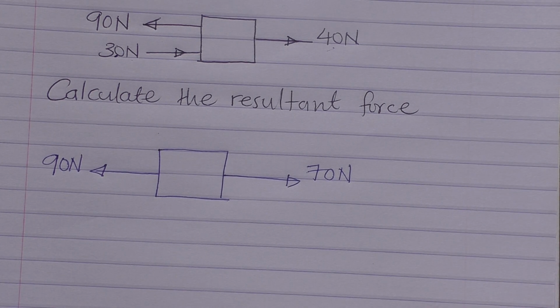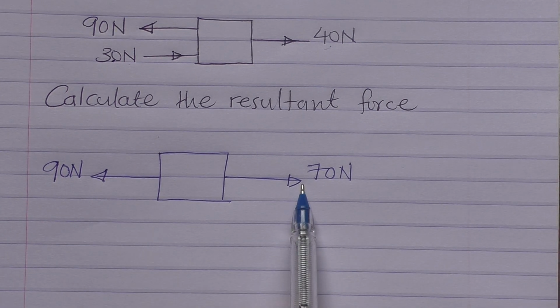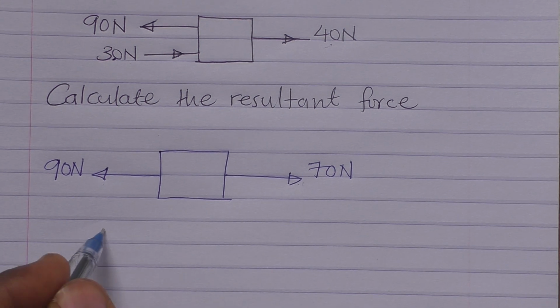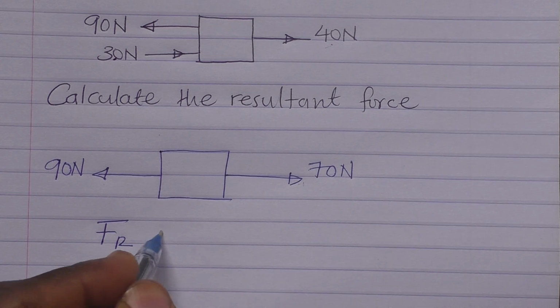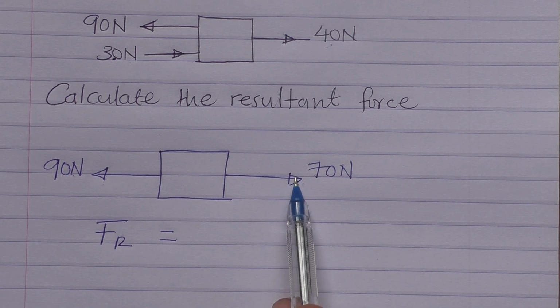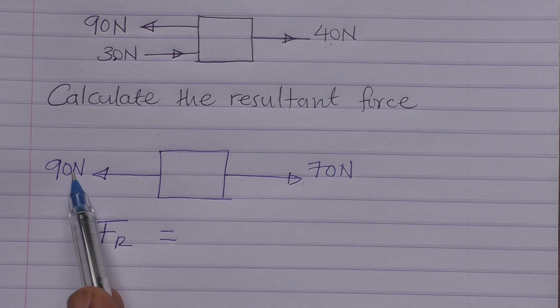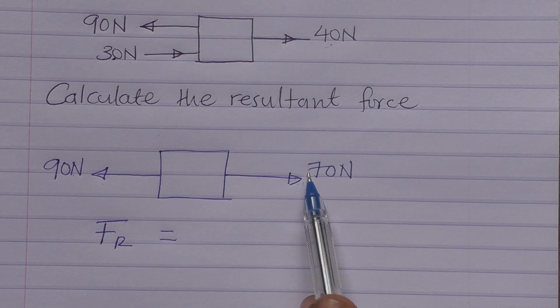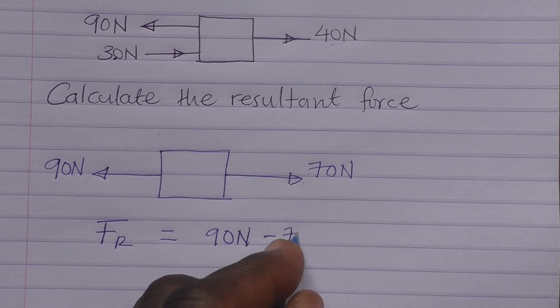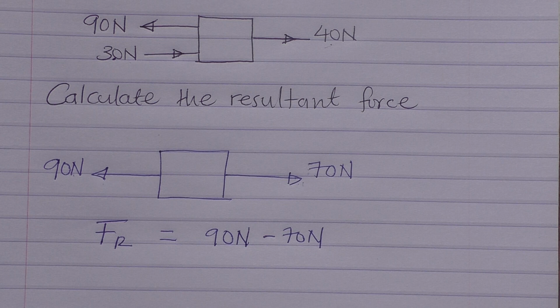And now these two are in opposite directions. So the resultant will now be given by, remember, if they are in opposite directions, we subtract the smaller from the bigger, which is 90 newtons take away 70 newtons.